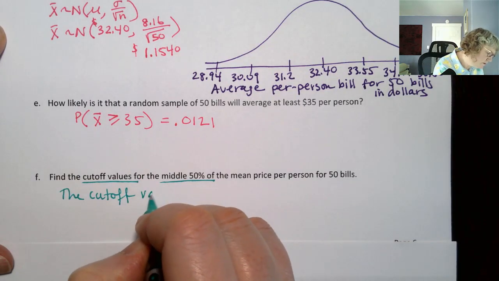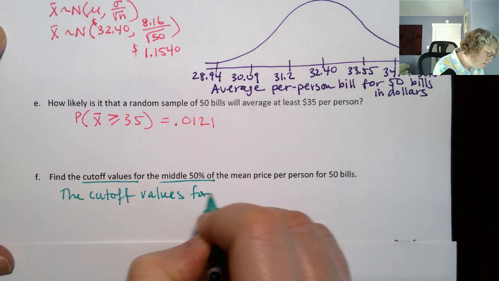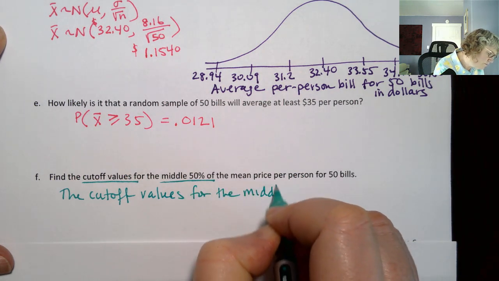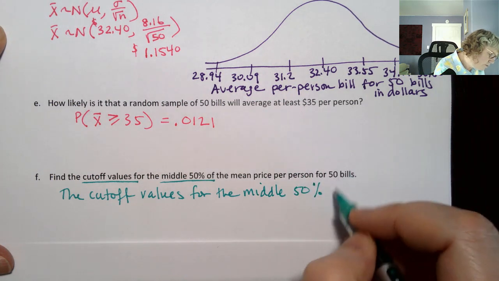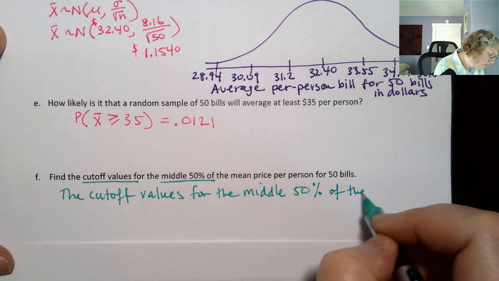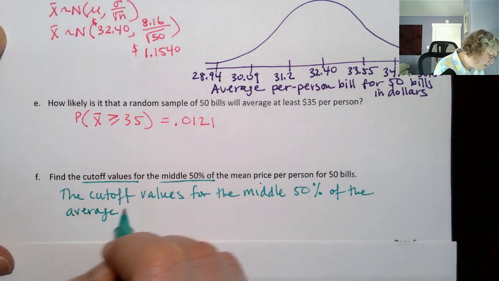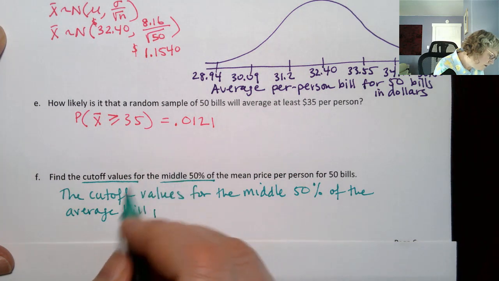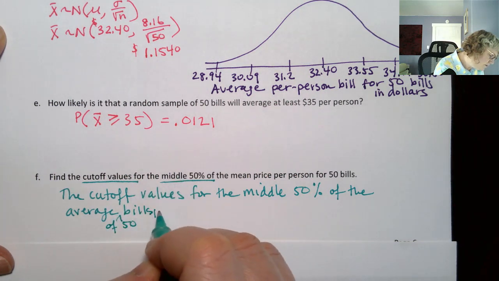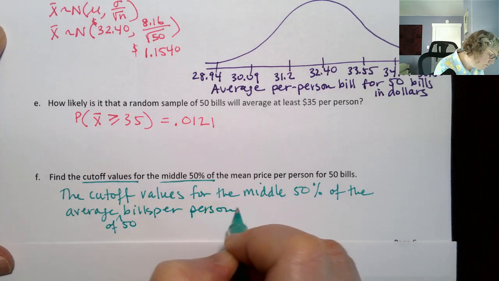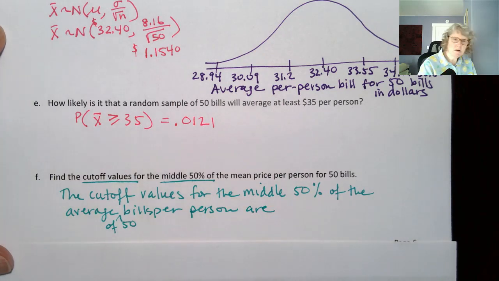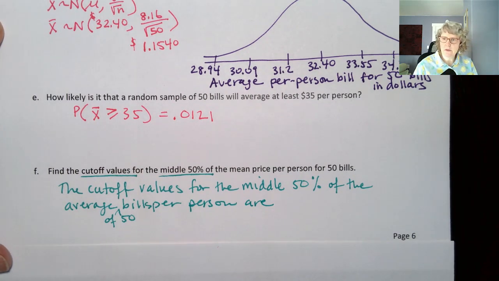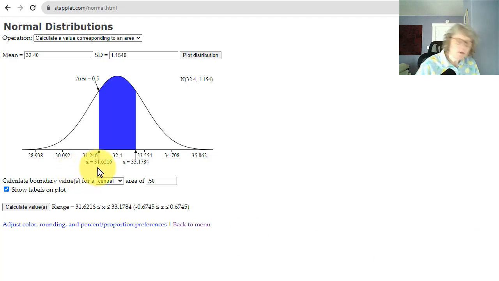The cutoff values for the middle 50% of the average bill per person, or average of 50 bills per person, are, and now I've got to go back and get my values. $31.62 and $33.18.